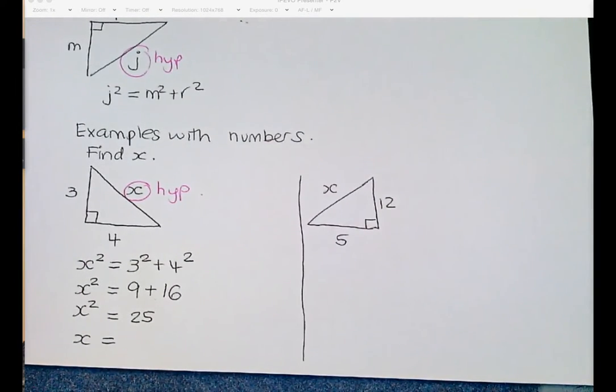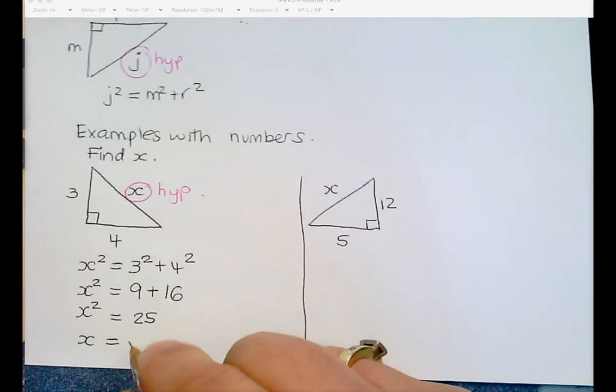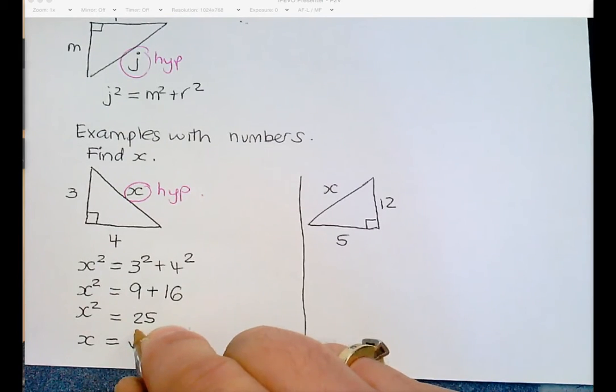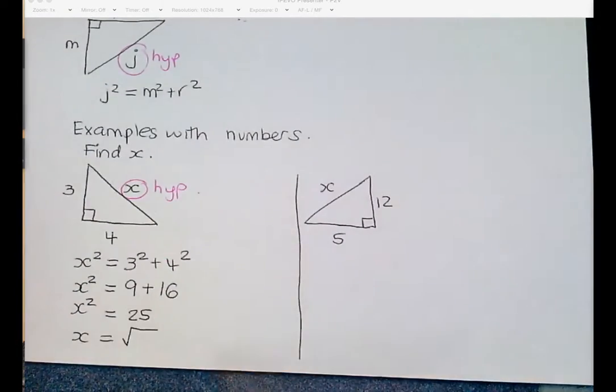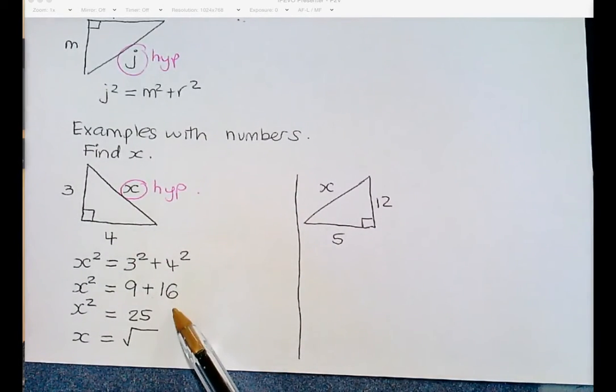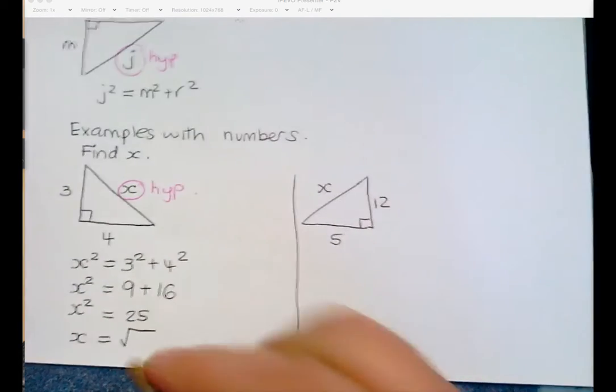Ladies, the opposite of squared is a special calculation called square root. Do you know what a square root symbol looks like? Yeah, it's a flick. Looks like this. So if x squared is 25, x is the square root of 25.